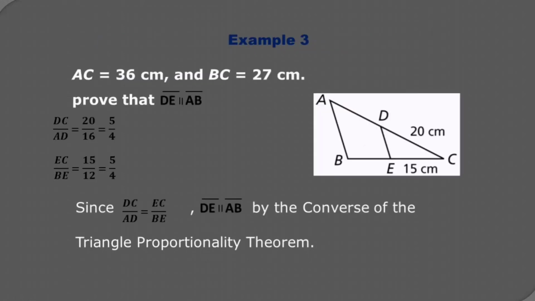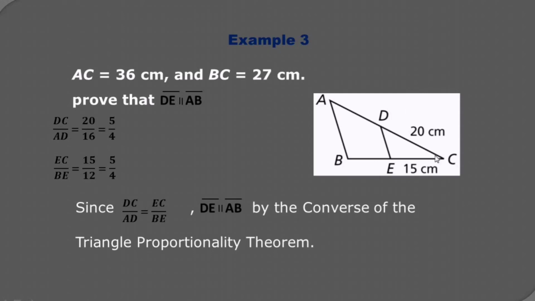Let's take another one. If I have AC, the whole side, equal 36 centimeters, and I have BC, the whole side, equal 27. I need to prove that DE is parallel to AB. Miss, I have the whole side. Can I find this part?